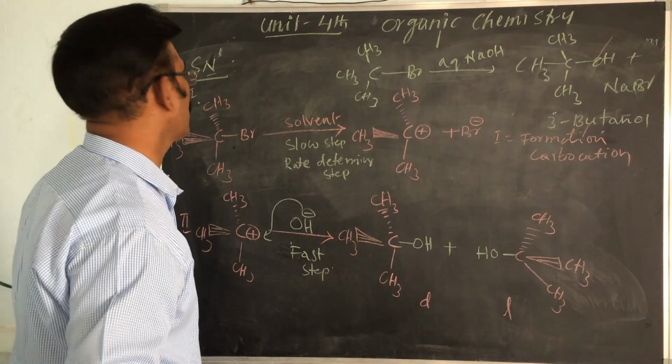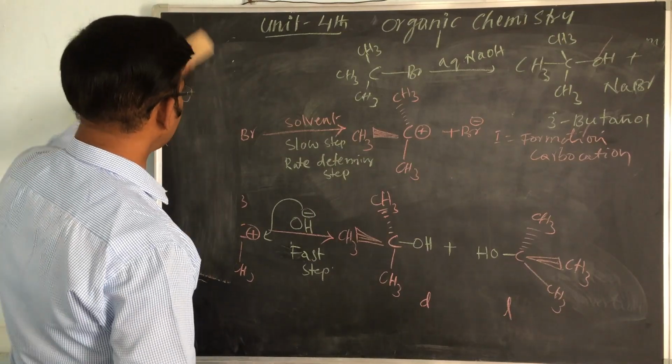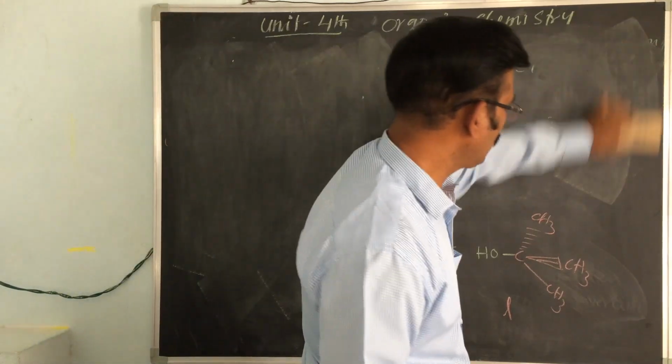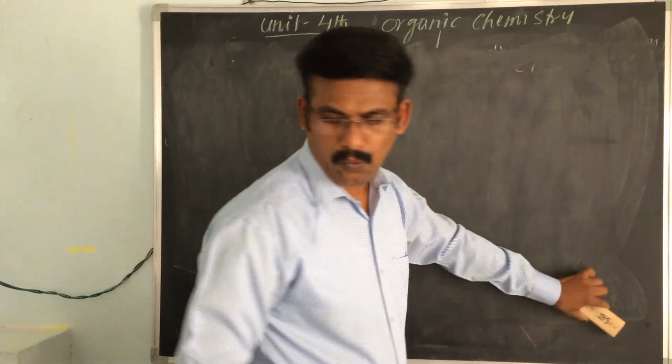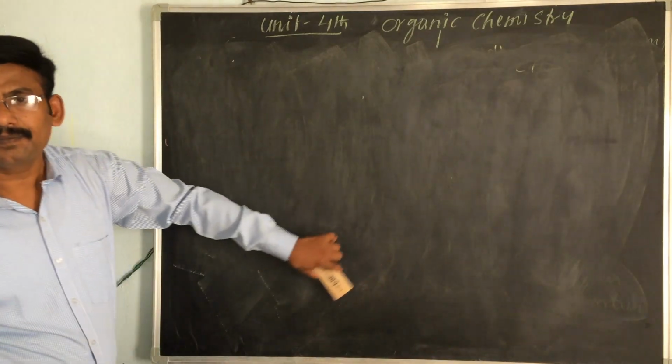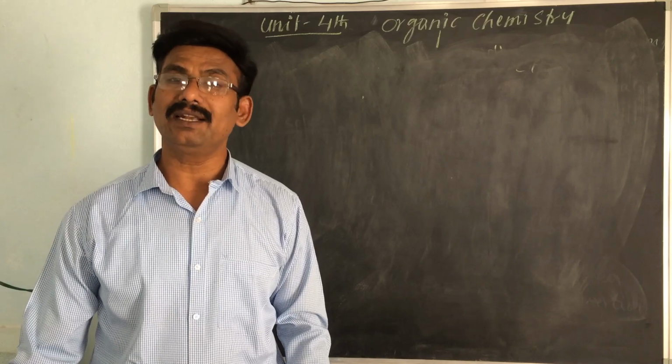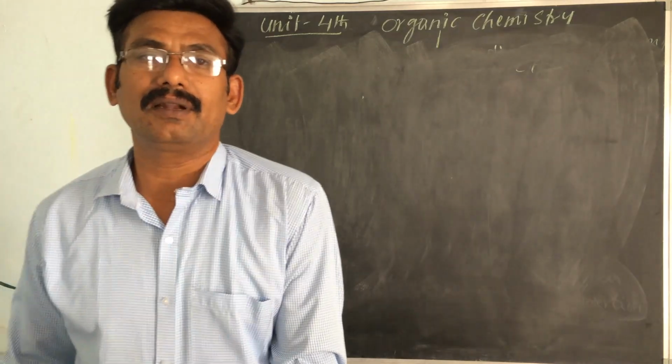Okay. Now, why did it happen? What is the reason to form the D and L mixture?